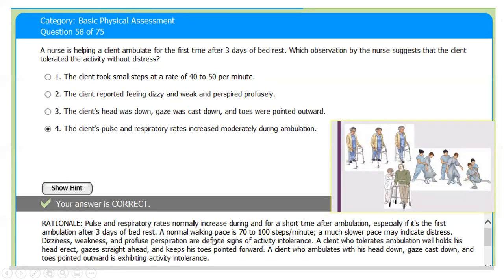A normal walking pace is 70 to 100 steps per minute. Much slower steps may indicate distress.